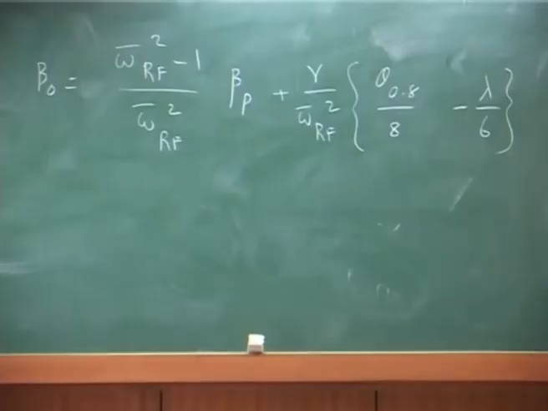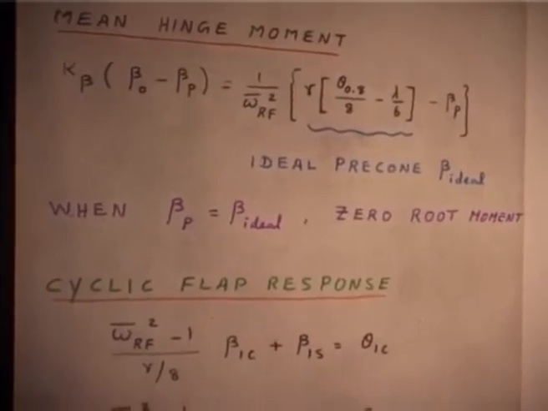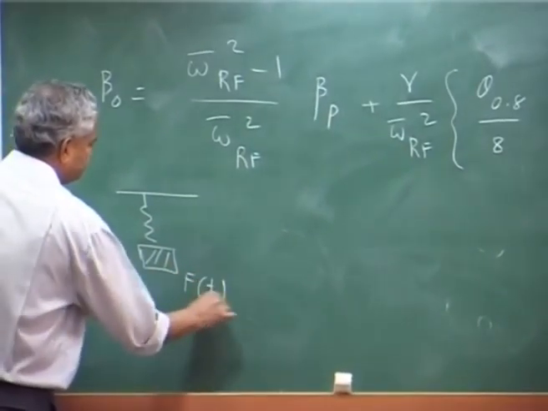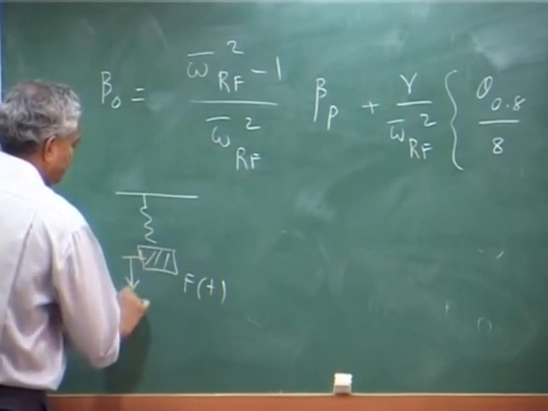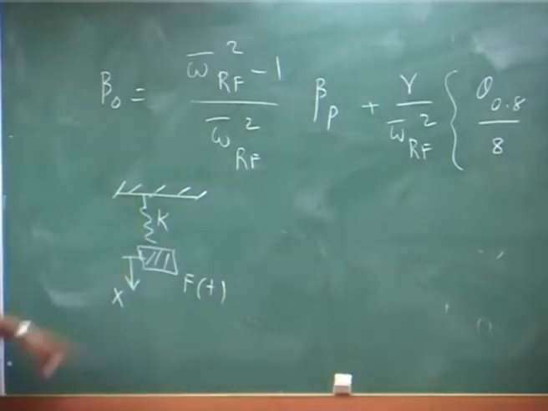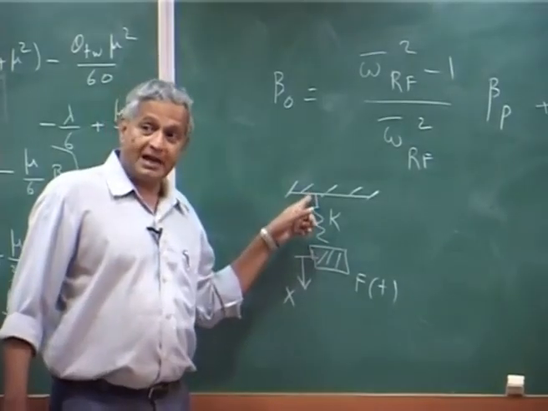Now, if you give a precon, what is the effect of that precon? Let us look at what is the hinge moment that comes. If you have a system, spring, mass and f of t, what is the force that acts here? The force that acts is only kx.